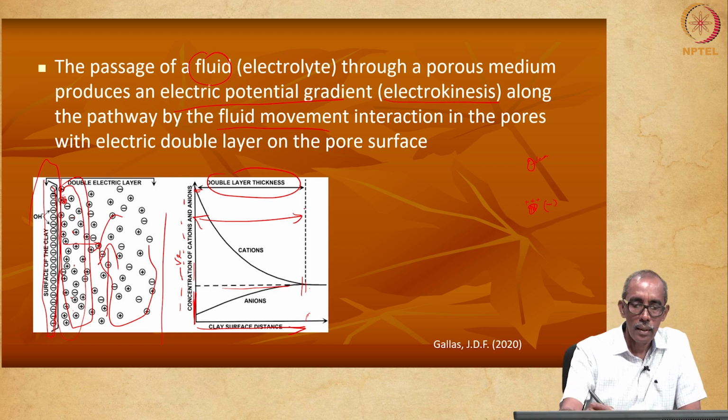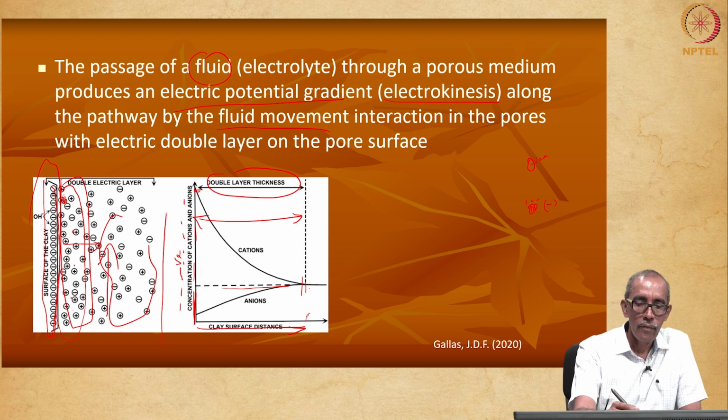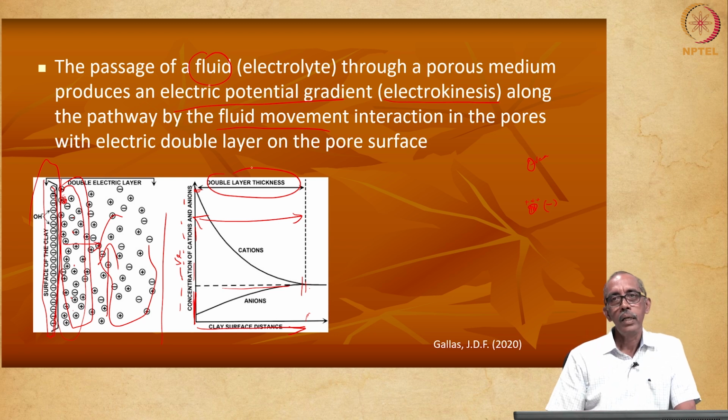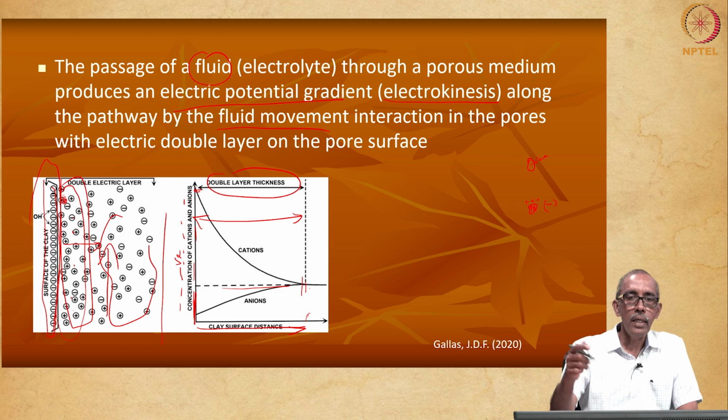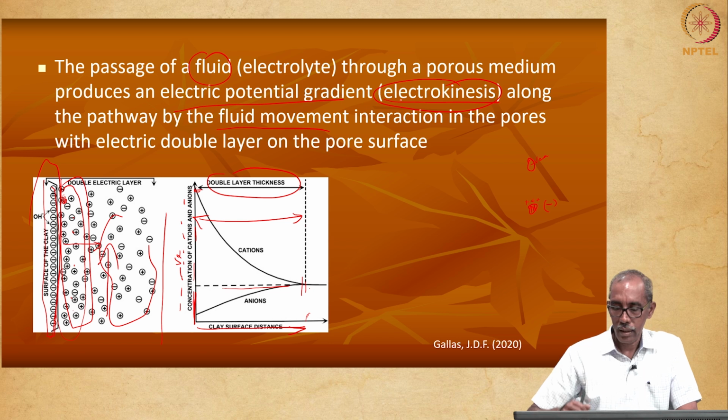That means the distance from the negatively charged surface beyond which you have both positive and negative ions in equal amounts. Until that distance we call it as double layer, right. So, this double layer formation itself generates some electrical potential due to the gradient. So, you have a gradient variation, that is why it is called as electrokinesis.